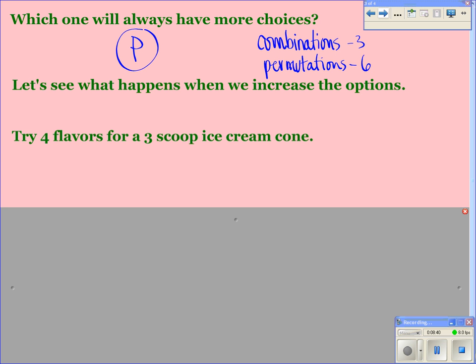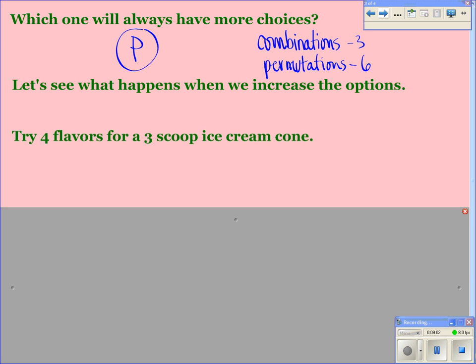So let's try looking at an ice cream cone that has 3 scoops and we have 4 choices of flavors to choose from. So again, we decided that this scenario, because it's an ice cream cone and it truly does not change the ice cream cone, the order that you put them in, the order does not matter.